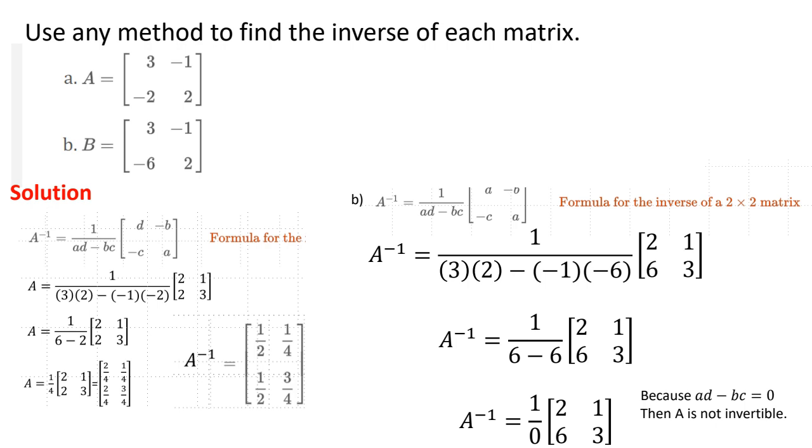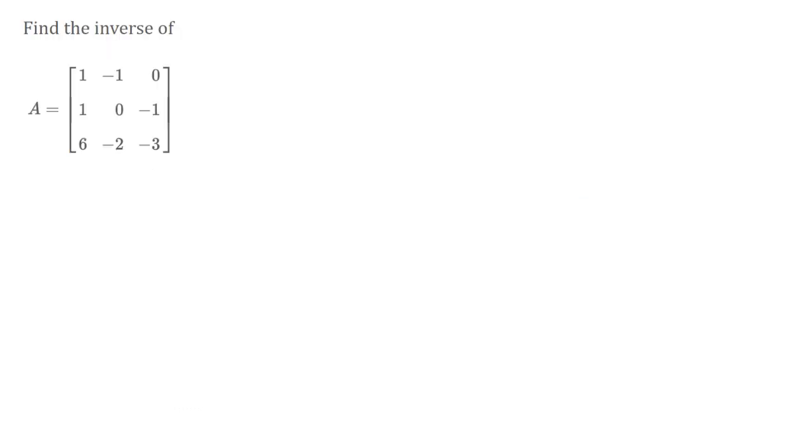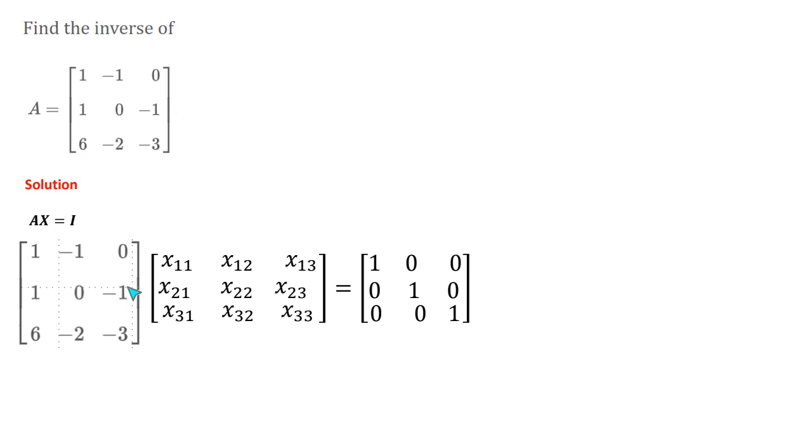Okay. So these were just some examples using the formula. For this one, I'm not going to work it out in detail, but if you wanted to find the inverse, there's no way to use the formula. So you would have to use one of the other methods. Here, if you wanted to use this method, I'm just going to start the very first variable because I don't want to confuse people.